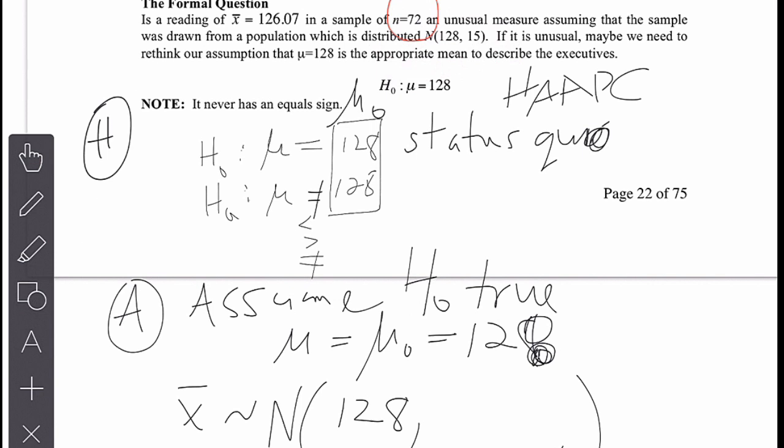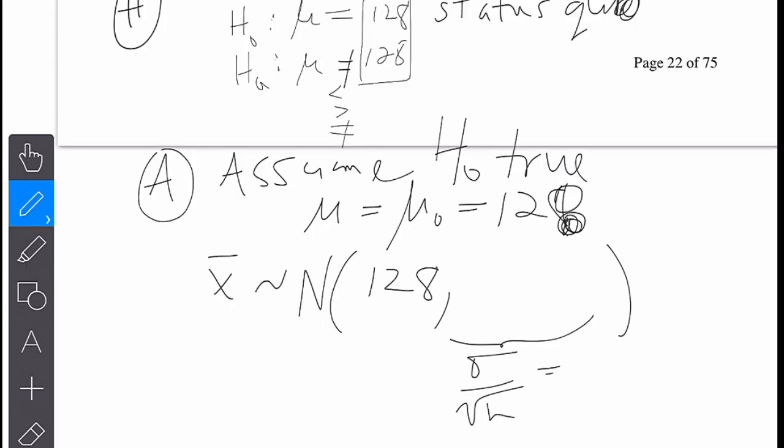But we're actually told that the blood pressures are normally distributed. Okay, so I'm going to take that number that I circled, the n, and I'm going to take this value, which is the actual population standard deviation, and I'm going to use it for the distribution of the statistic. So because of this, I know that this is 15 divided by square root of 72.